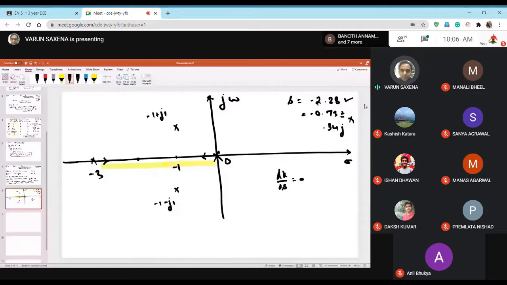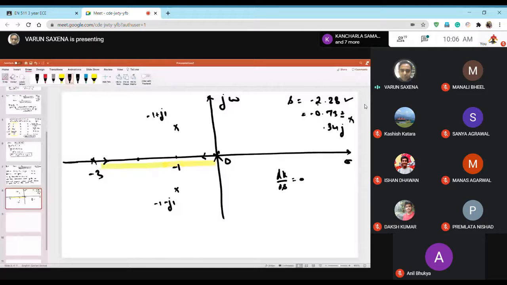Okay, now we need to also find out what are the asymptotes and what is the centroid. If you remember, the root locus will approach infinity close to these asymptotes.